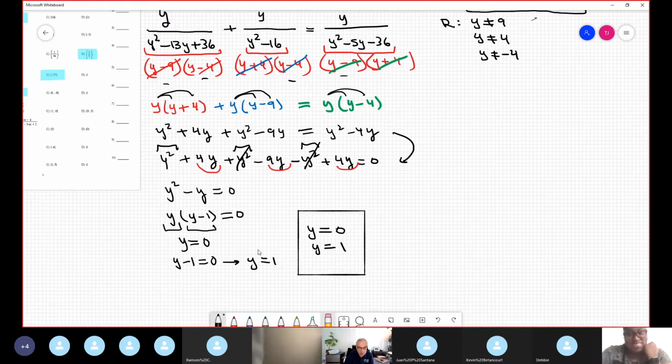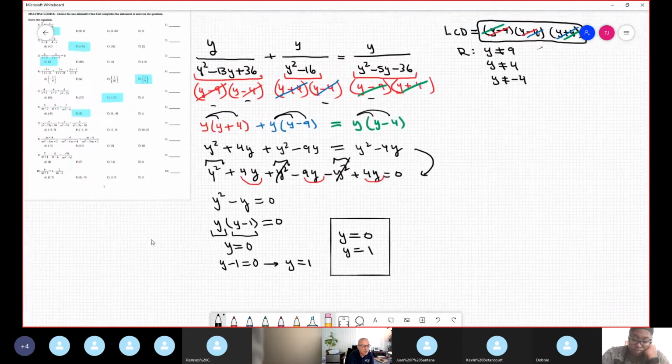I don't know if it is a coincidence, but I feel it is good. 0 and 1. Look, no coincidence with the restrictions. So nothing is illegal, and my solution is good.